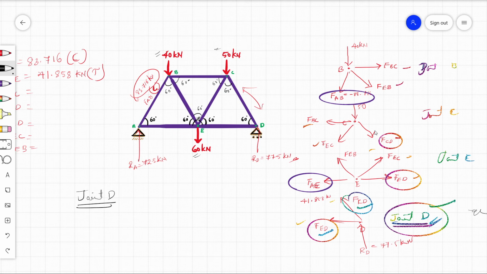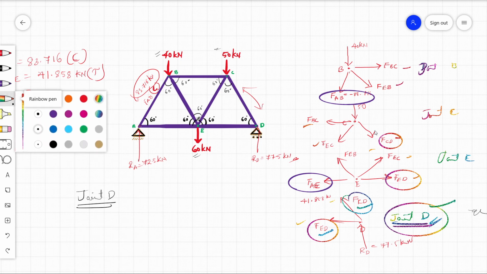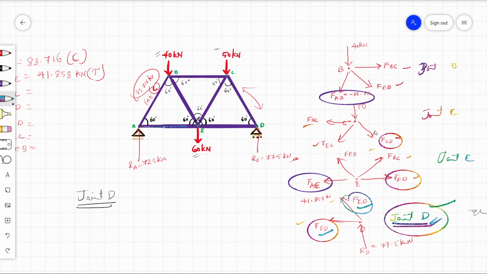Okay. Remember, at maximum, you solve only 4 joints over here. Because the moment you solve for joint A, you get this force as well as this force.